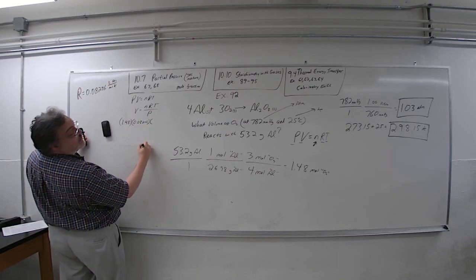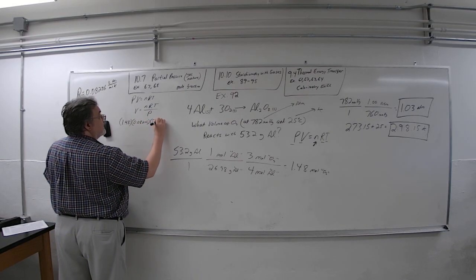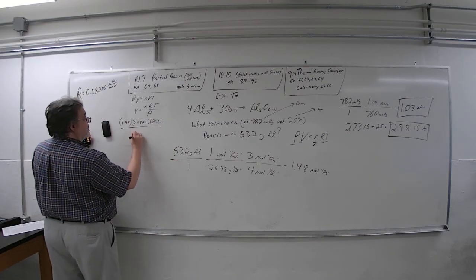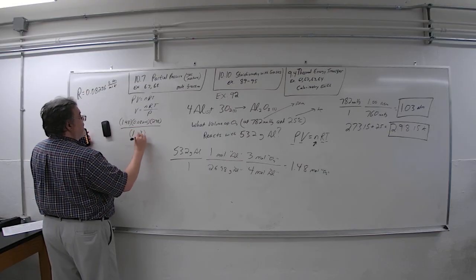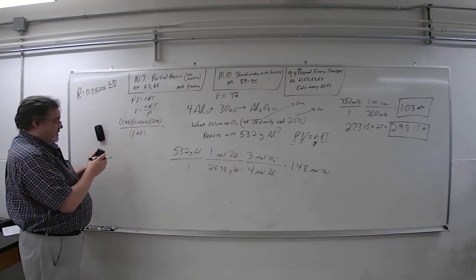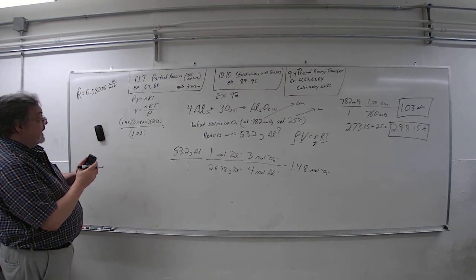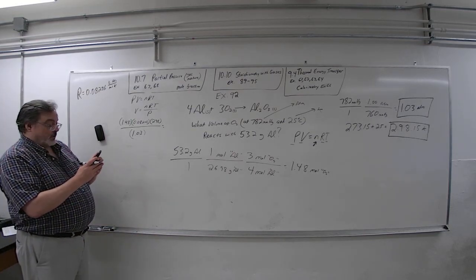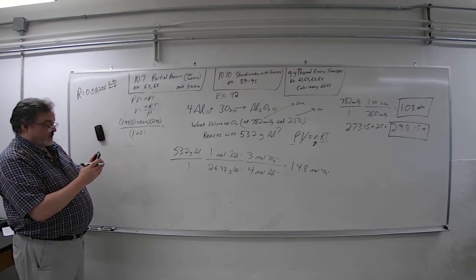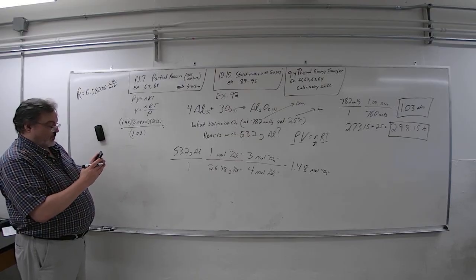Temperature is 298. Pressure is 1.03. And that equals 1.48 times 0.08206 times 298 divided by 1.03.